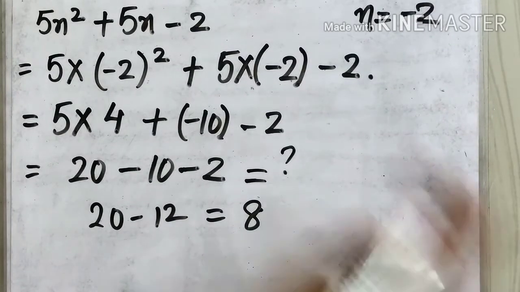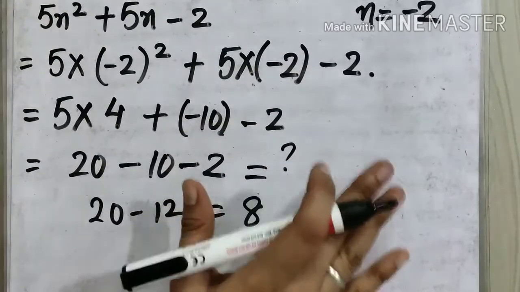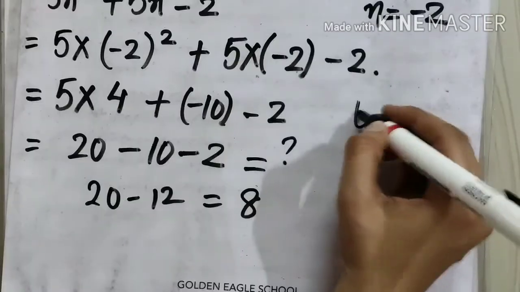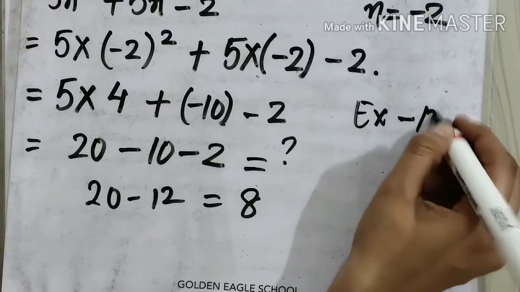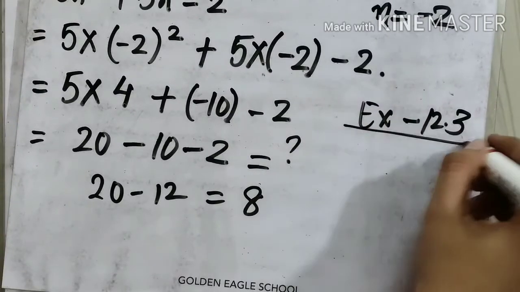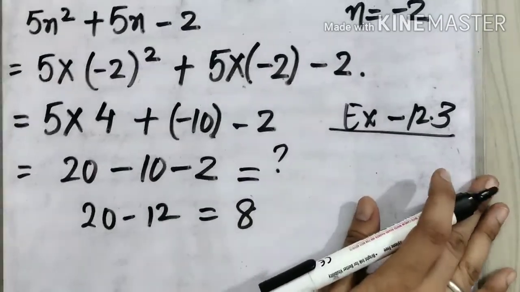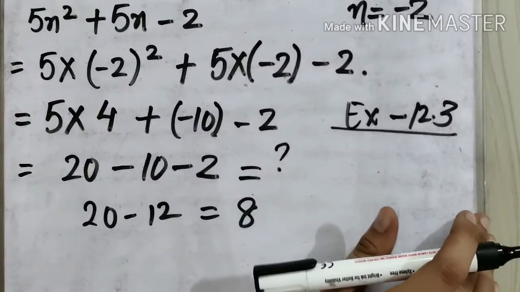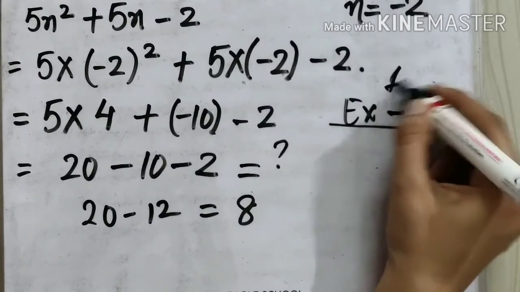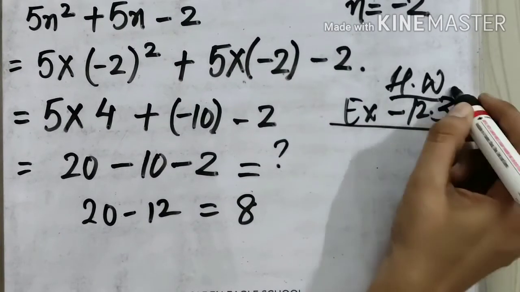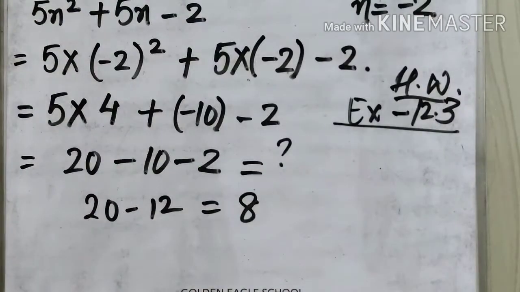Based on this, how to find the value of expression, we have exercise 12.3. So exercise 12.3 is for homework. In exercise 12.3 question 1, m is equals to 2 is given.